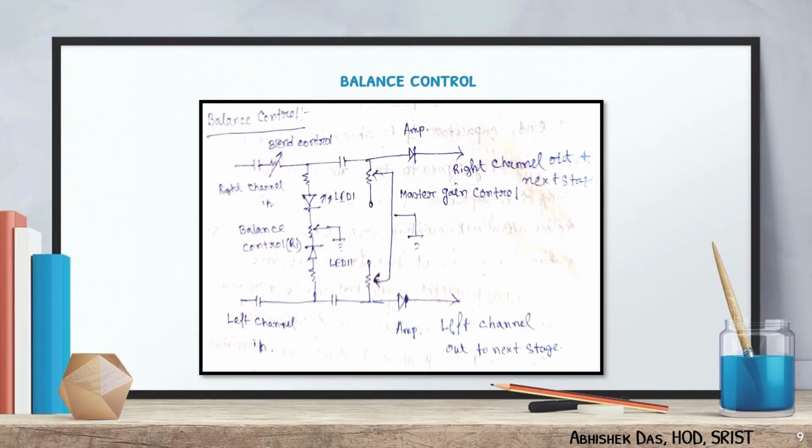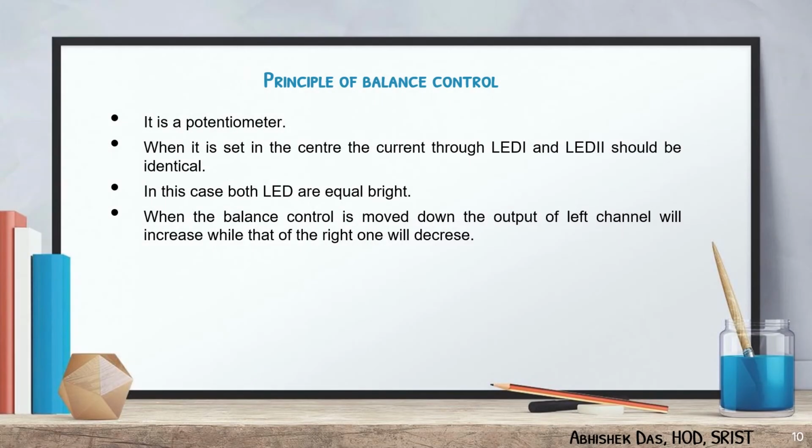Now balance control. This is the structural diagram of balance control, and in the next slide we are going to discuss the balance control details. The balance control is a potentiometer. When it is set in the center, the current through LED 1 and LED 2 should be identical.